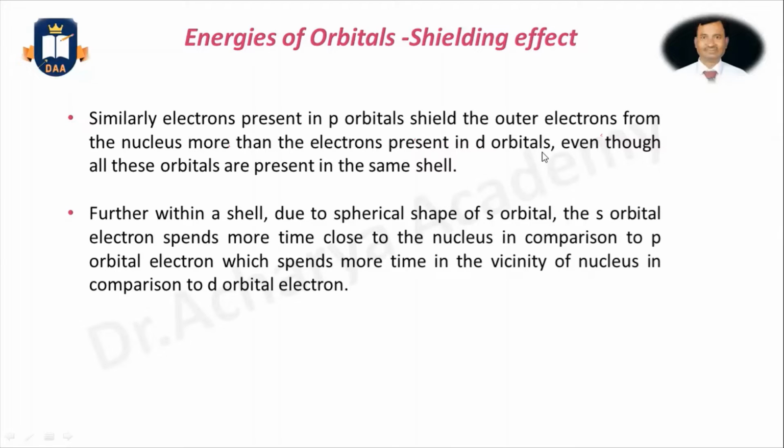That means the electrons in s orbitals have the most shielding power, and then comparatively less shielding power for the electrons in p orbitals, and then further less shielding power for the electrons present in d orbitals.